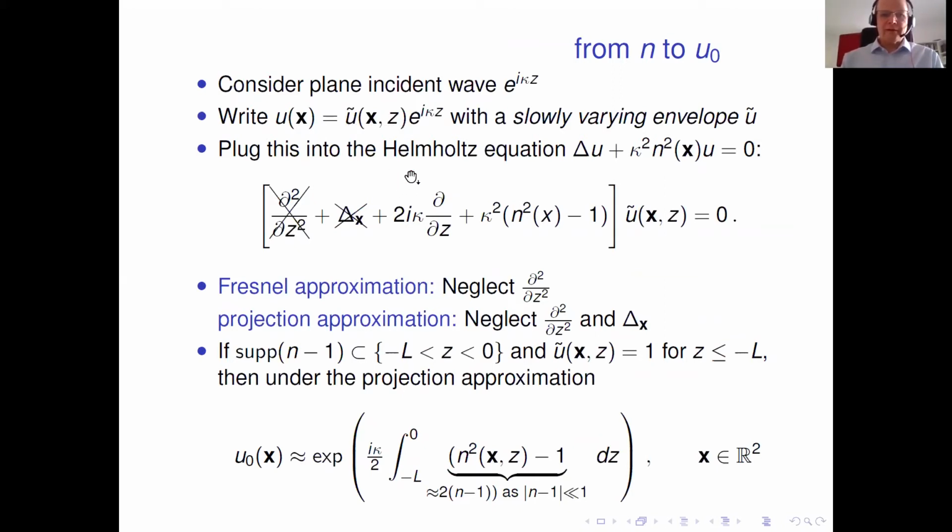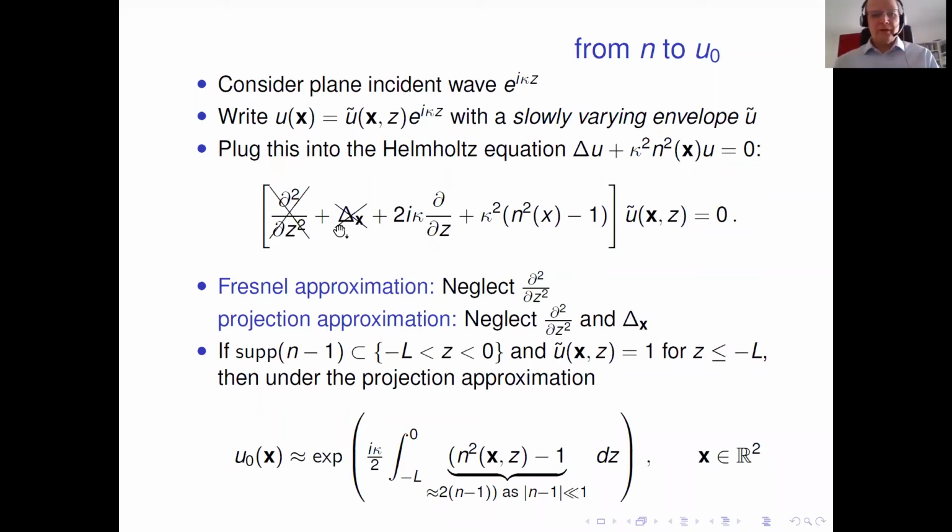And if we plug this ansatz into the Helmholtz equation, we get this equation here. And then, assuming that this is really a slowly varying envelope, we can neglect the second order derivative in z. That's small. And if we just do that, we get exactly the Fresnel propagator. That's one way to derive the Fresnel propagator.